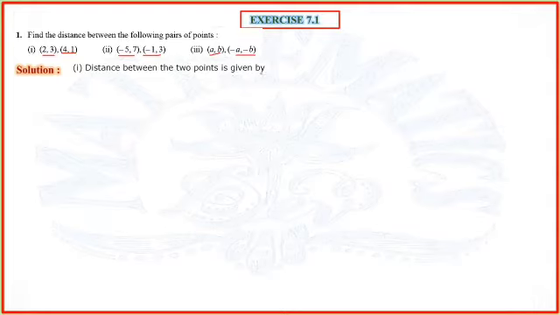Let us start exercise 7.1. Question number 1 says, find the distance between the following pairs of points. The first point is (2, 3) and the second point is (4, 1). Similarly, in the second question, (-5, 7) and (-1, 3), and then (a, b) and (-a, -b). So let us go for the solution, and we take the first part. The distance between the 2 points is given by the square root of (x2 minus x1) squared plus (y2 minus y1) squared.